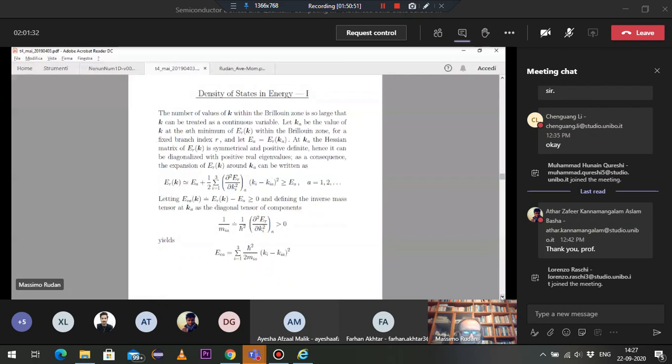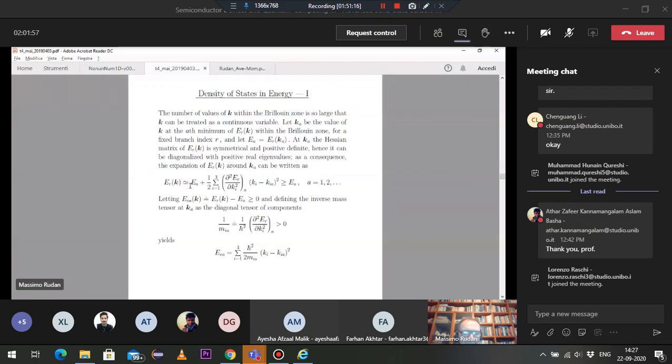Look at the formula. This is the general formula for a minimum. You take the branch E of R of K. The minimum here is called E sub A. Then A will become C, the bottom of the conduction band.